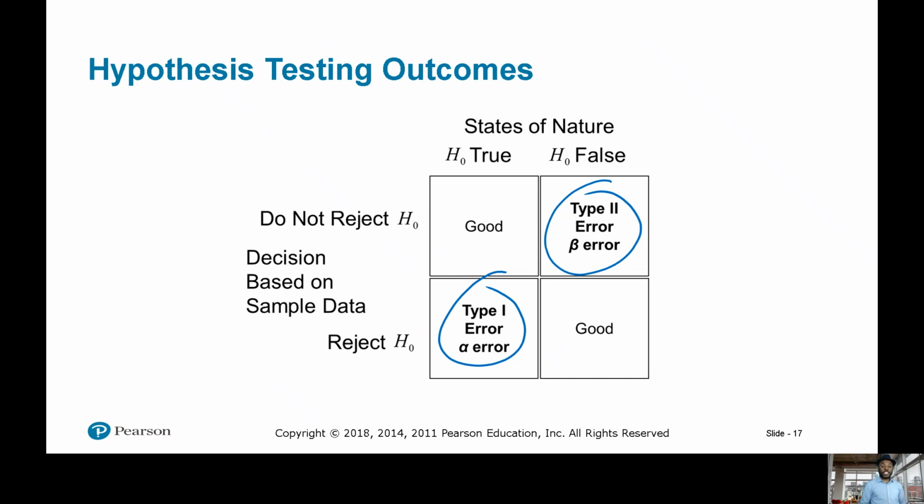If we reject the null hypothesis when the null is actually true, and we conclude that there was a treatment effect, we are committing a type 1 error. And if we fail to reject the null hypothesis even though the null is false, this is called a type 2 error. This is one of the errors that we really need to be mindful of.